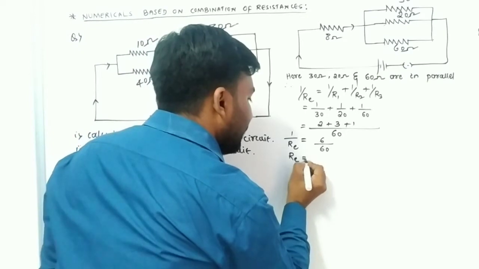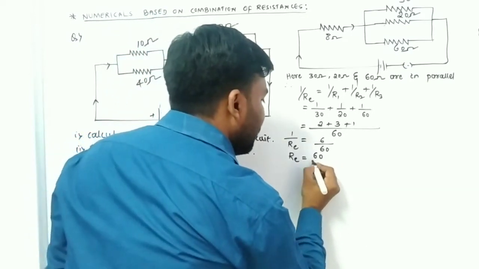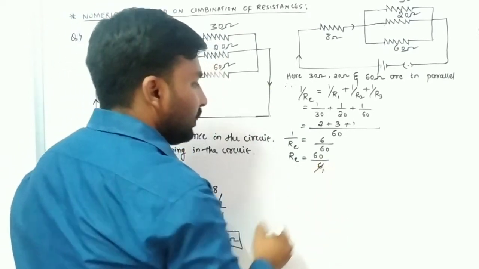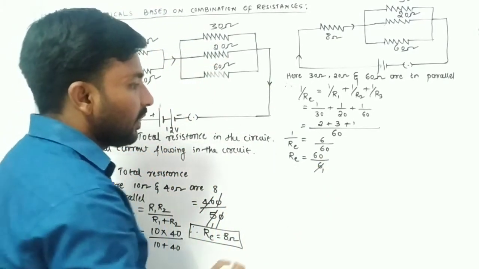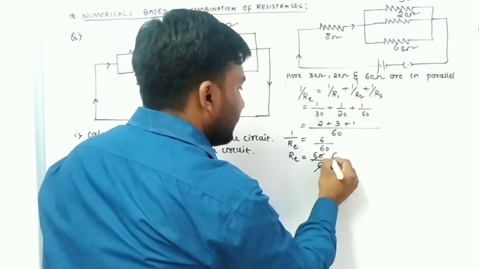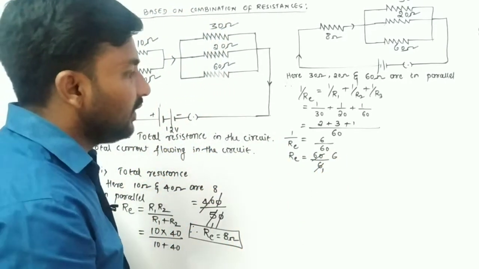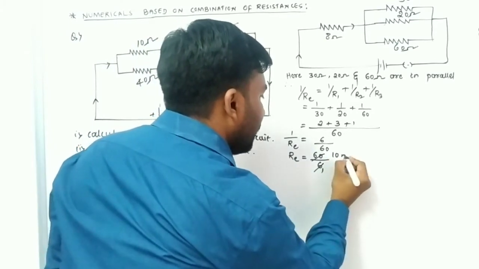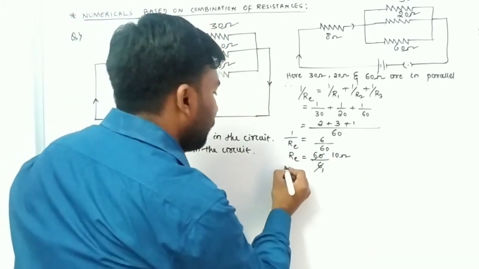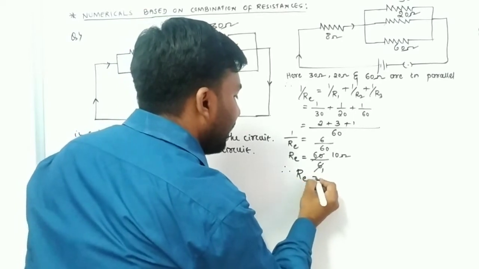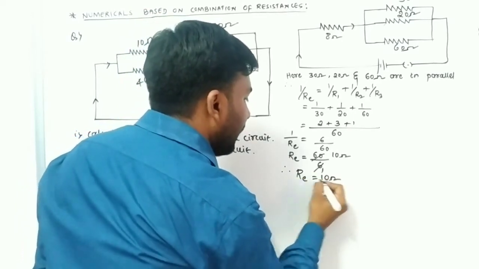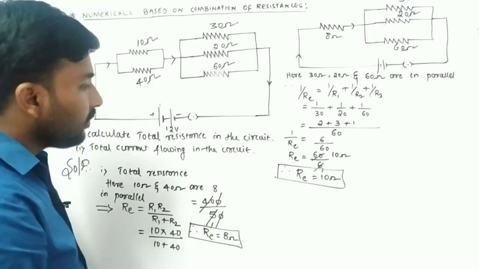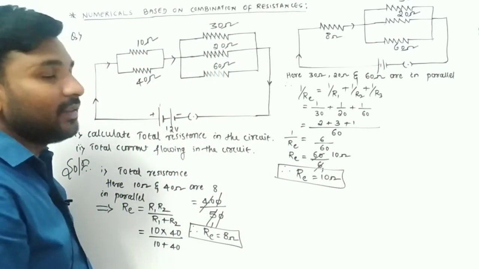R equivalent is equal to 60 divided by 6. 6 tens are 60, so it is 10 ohm. Therefore R equivalent is equal to 10 ohm. Got the point? Now redraw the circuit.